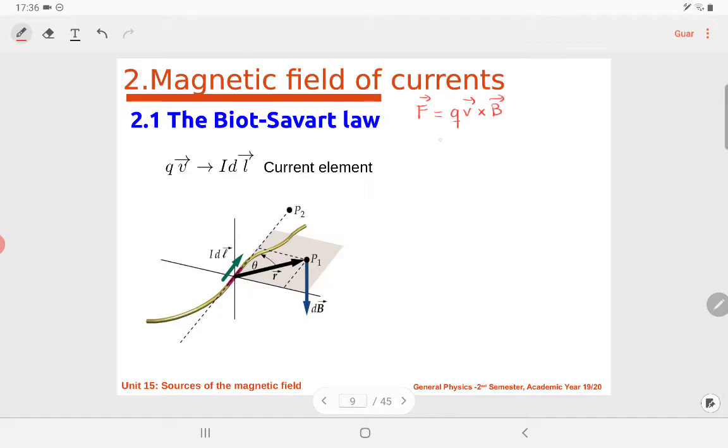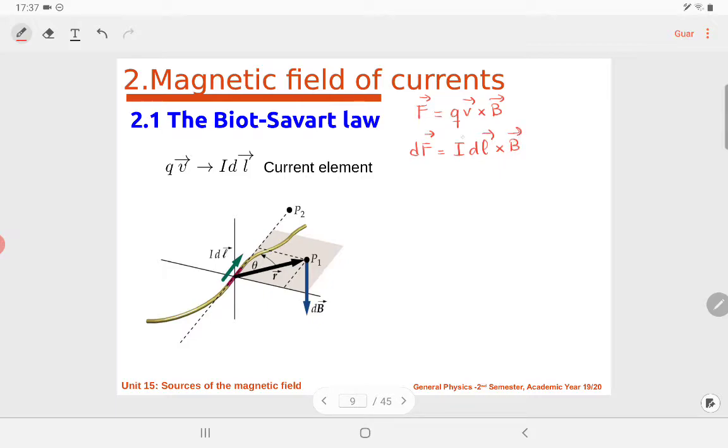And if you remember, from there we derived an expression for the amount of force exerted on an element of current. From this expression for a point charge, we got to the expression for an element of current. And this was the expression.